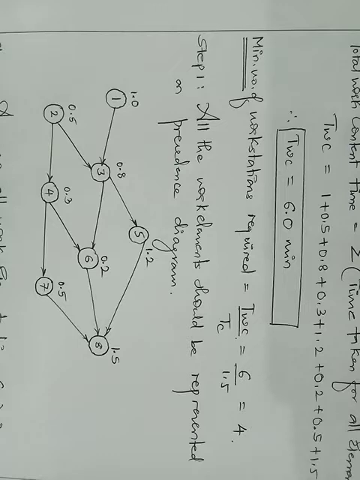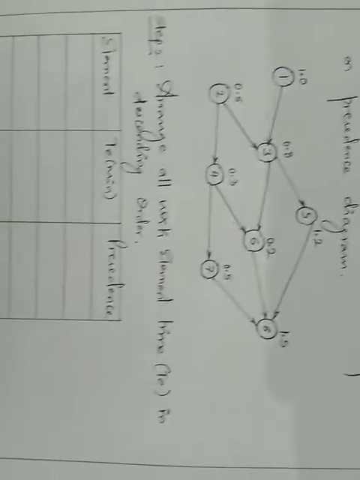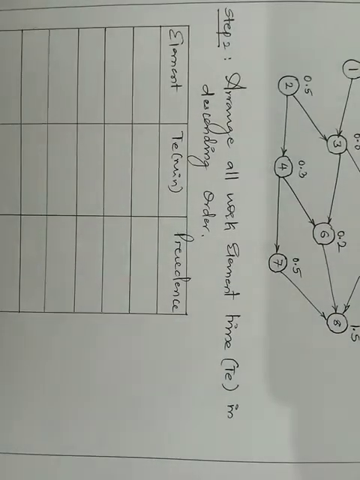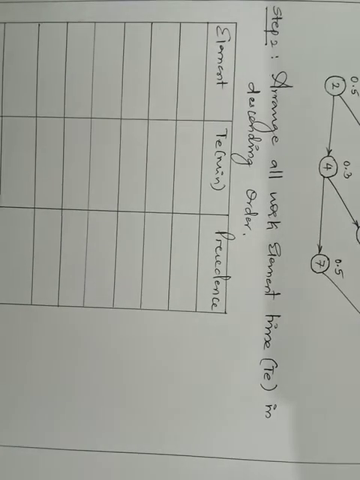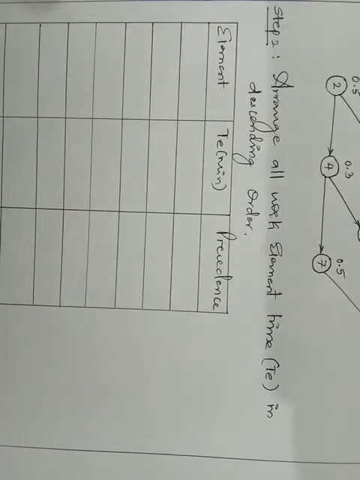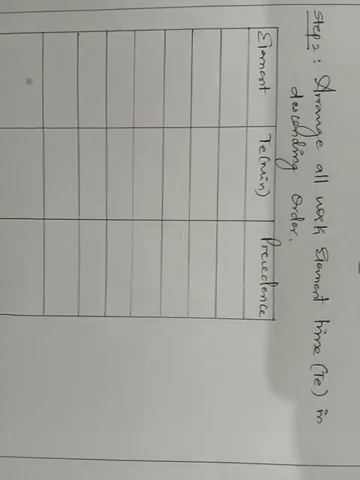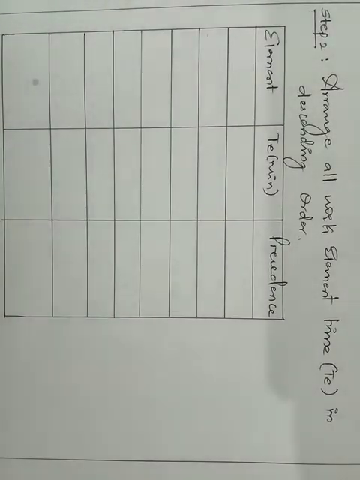So that is your first step, drawing of the precedence diagram. Next, step number 2 would be to arrange all work element times in descending order. That will be your step number 2.